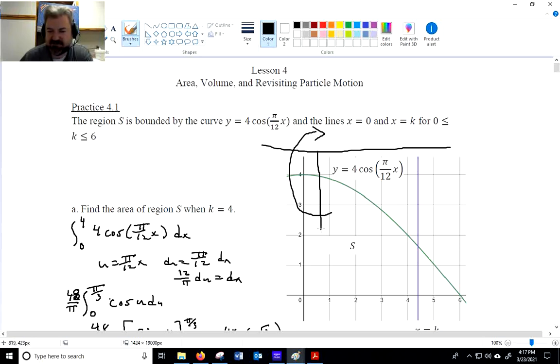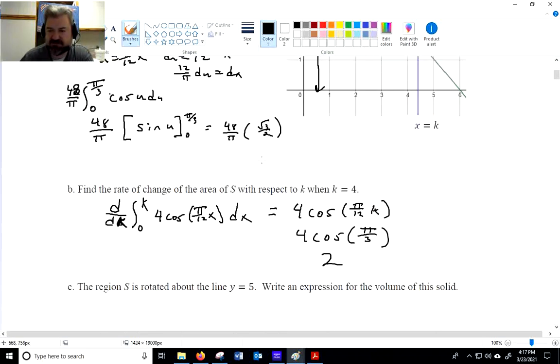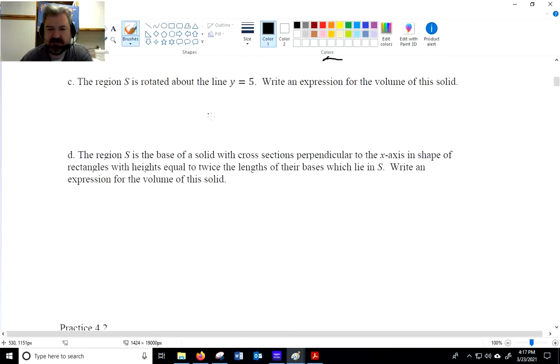My outer radius is this entire length here, which is simply the distance from y equals 5 to y equals 0. So that's 5. My inner radius is the distance from 5 to the curve 4 cosine pi over 12x.